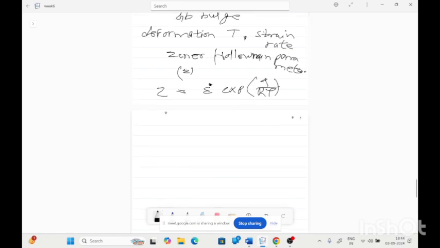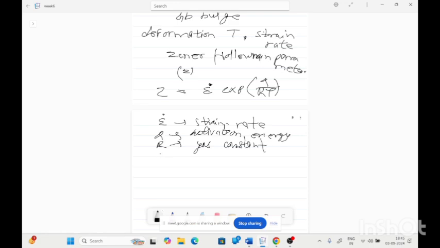Here ε dot is the strain rate, Q is the activation energy, R is the gas constant, and T is the temperature.